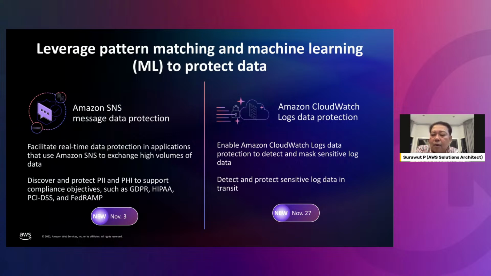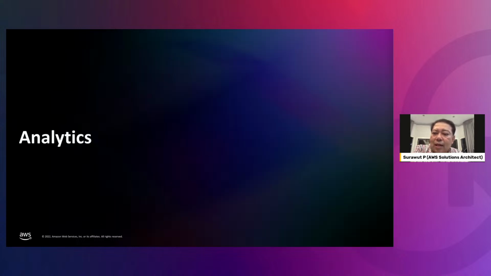The second part that I would like to share with you is on data analytics. First thing, data analytics. Many of our customers utilize OpenSearch, the Amazon open source version of a search engine where you can store log data.